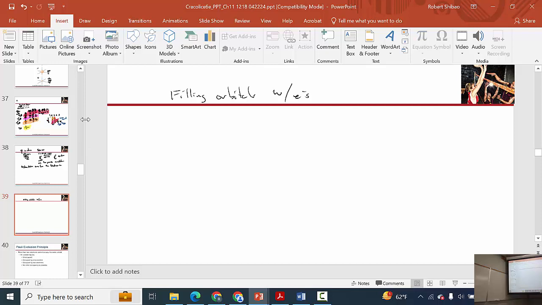When we fill orbitals with electrons, we have to adhere to these guidelines here. The Aufbau principle. Aufbau just says fill lowest energy orbitals first.